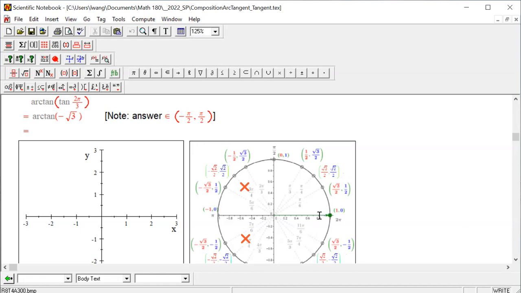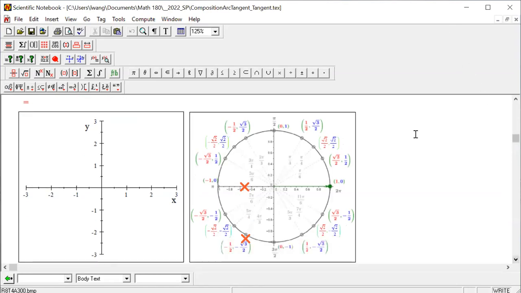But how do you find that answer? It's just this quadrant and that quadrant. Your output has to be in the range of arctangent. So where do we find a negative √3? The blue divided by red is going to equal negative √3.